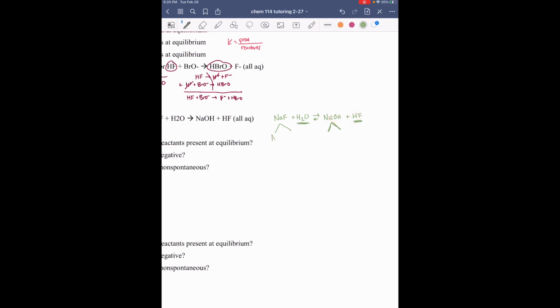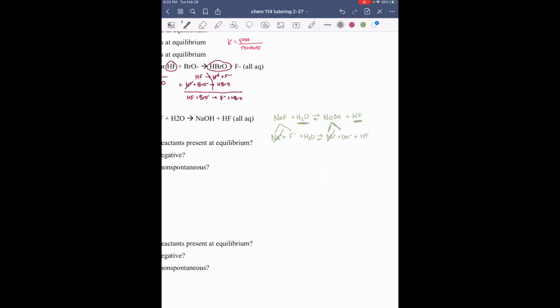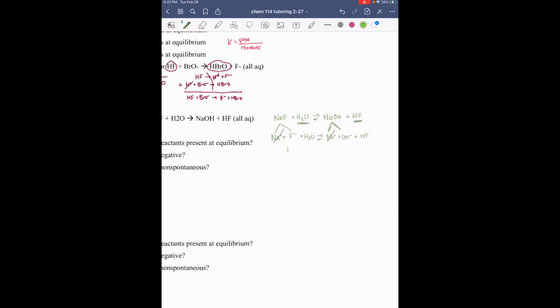So I have Na+ plus F- plus H2O yields Na+ plus OH- plus HF. Cancel what's the same on both sides, so get rid of those spectator ions, Na+. And we are left with the net ionic of F- plus H2O yields OH- plus HF.